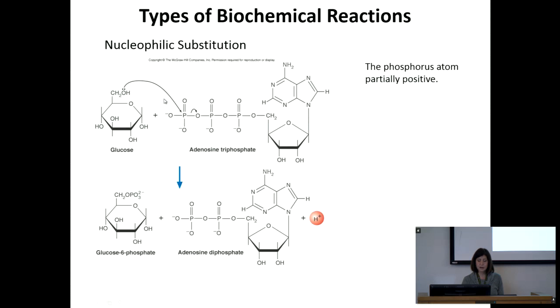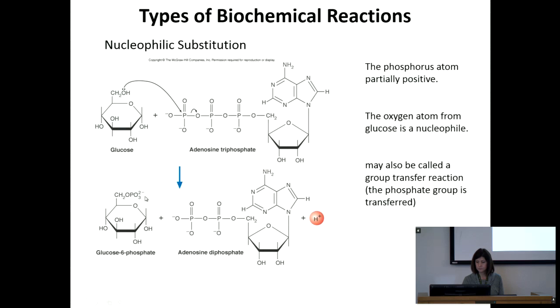See all the oxygens around the phosphate and how the electron density is going to be pulled away from the phosphorus. So we break this bond. The oxygen lone pairs are a nucleophile, and we're going to call this a group transfer reaction, but it's really nucleophilic substitution.